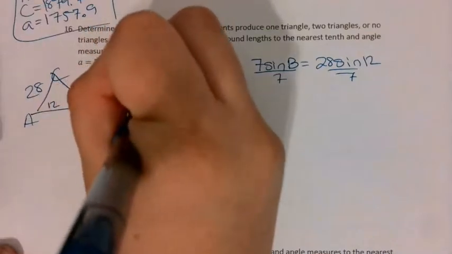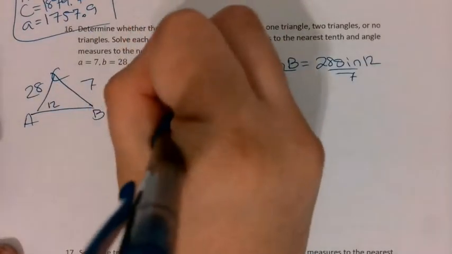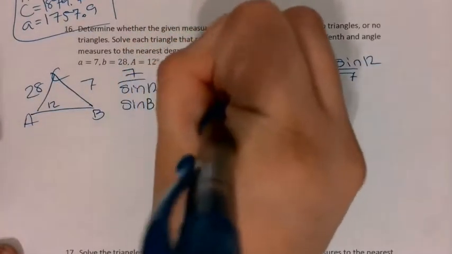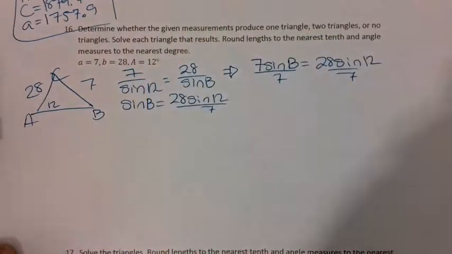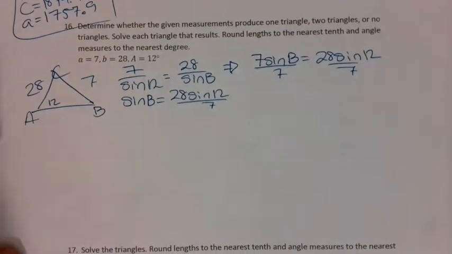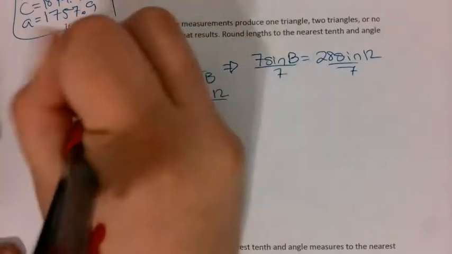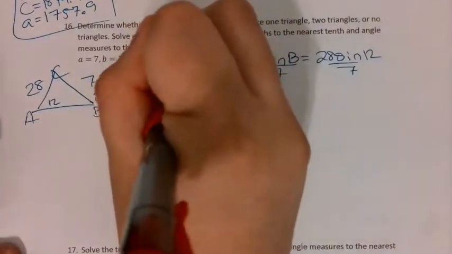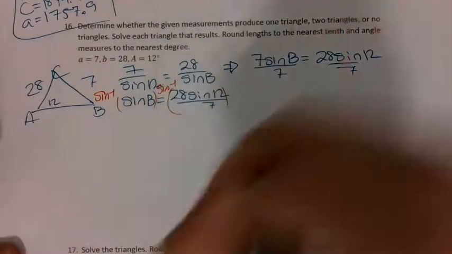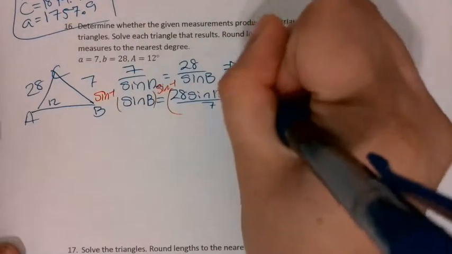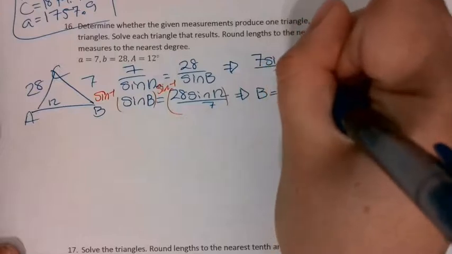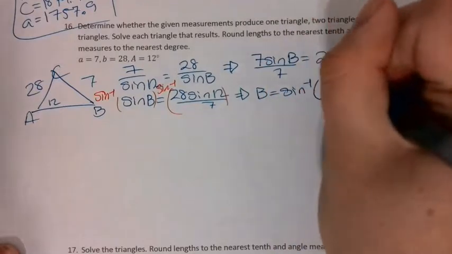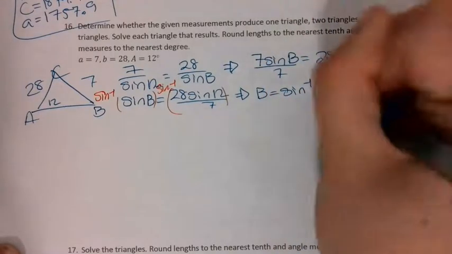I have sine of B equals 28 sine of 12 divided by 7. To get rid of the sine, I need to take the sine inverse. So I have B equals sine inverse of 28 sine of 12 over 7.